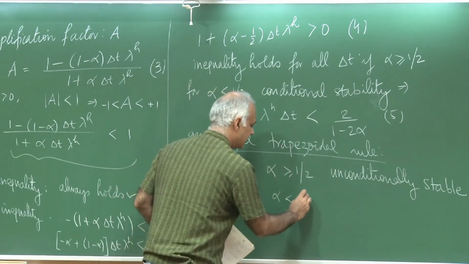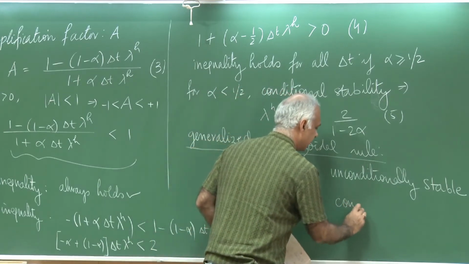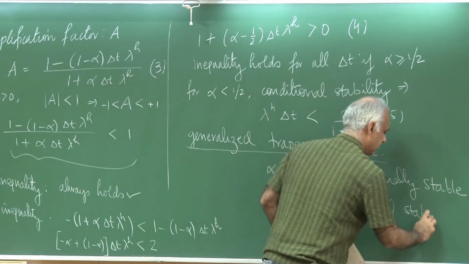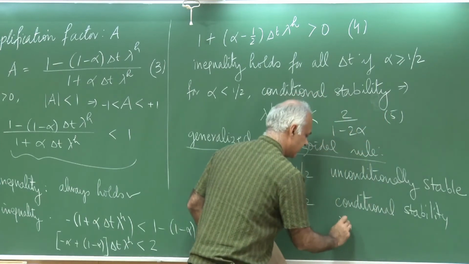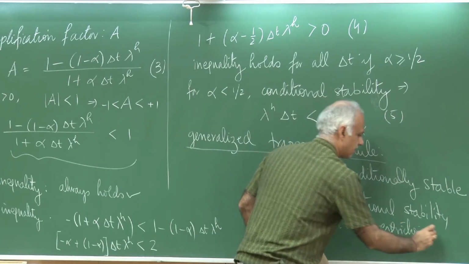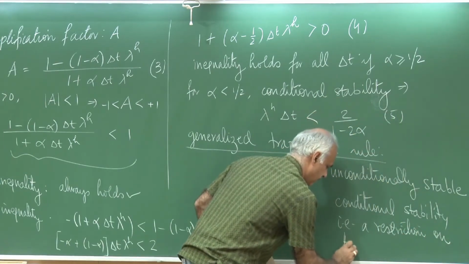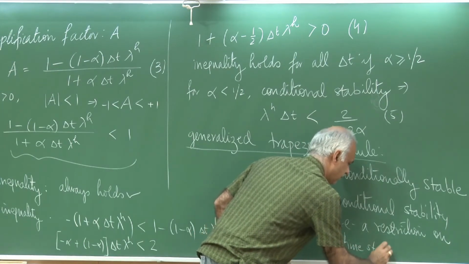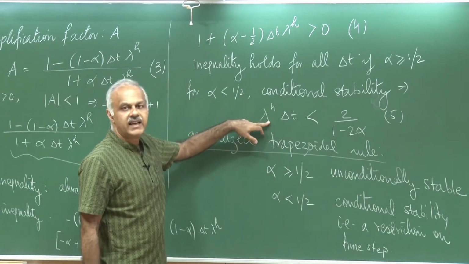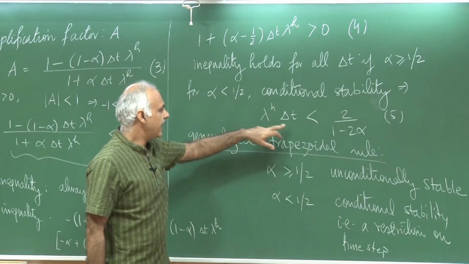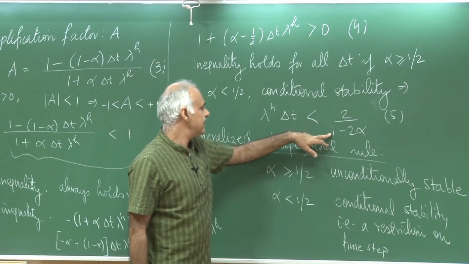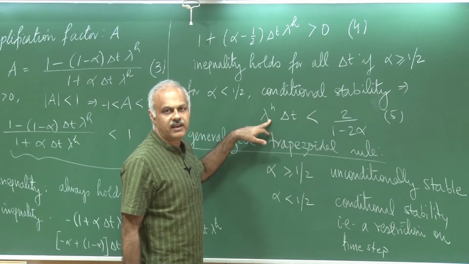For alpha less than half, I have conditional stability, that is a restriction on time step. What is the restriction? If I knew the eigenvalue of the system and I choose a certain value of alpha, then delta t has to be less than this factor, and of course I would have to account for the value, the eigenvalue.